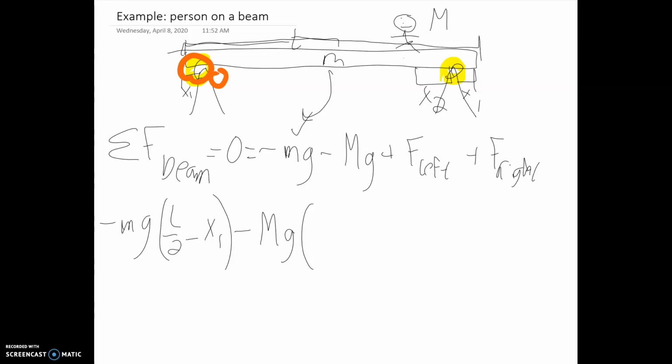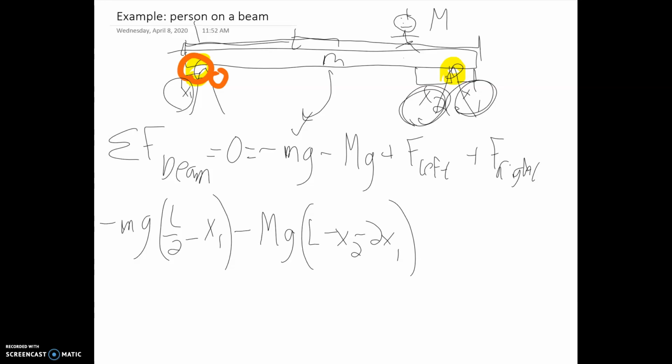So I know that this is x1 and this is x2. So I'm going to say L minus x2 minus 2x1. I got that because I'm subtracting this off and this off and this off to get the distance from there to there.